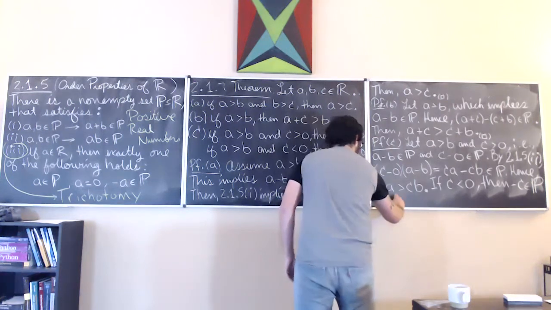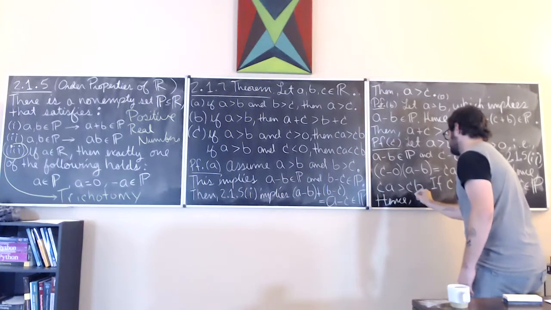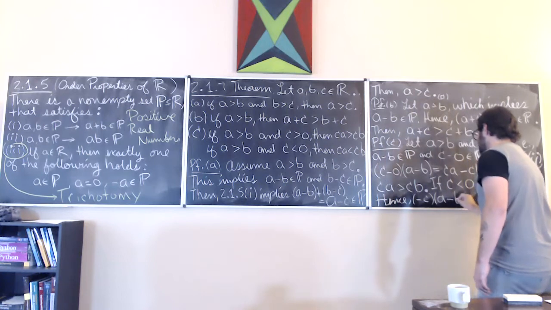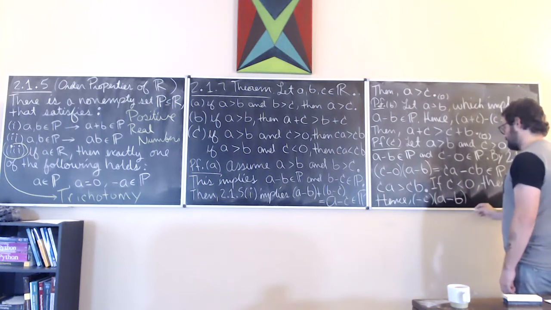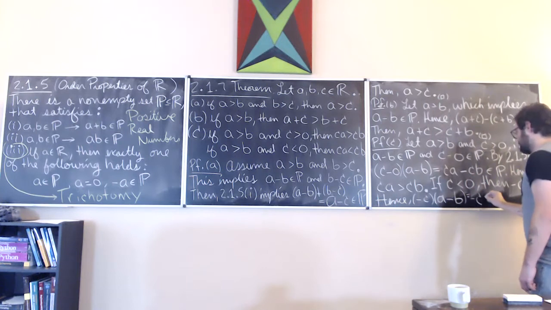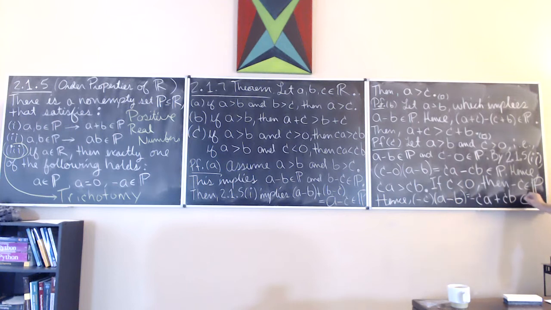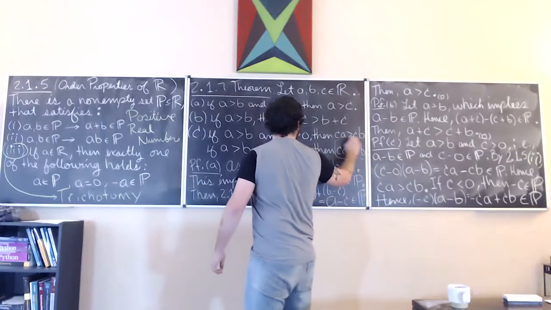Hence negative C times A minus B is a positive real number, and that's equal to negative CA plus CB. If you rearrange this, you get that CB minus CA is a positive real number, which implies this inequality right there.